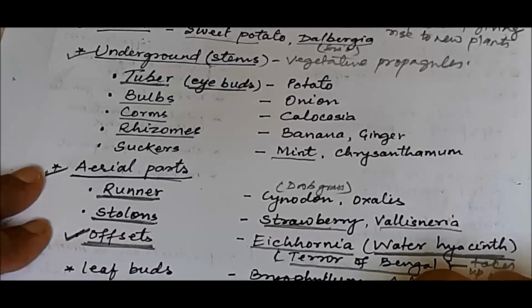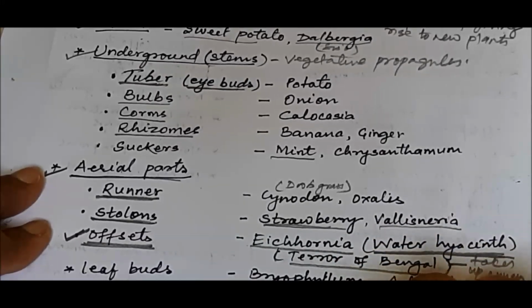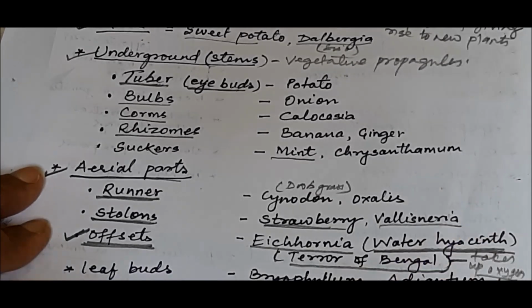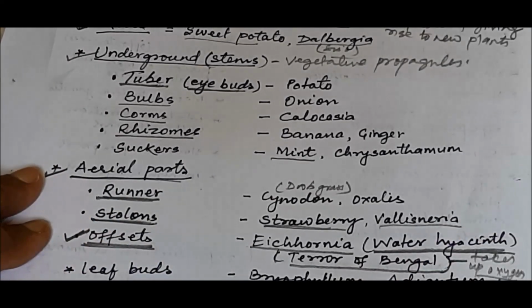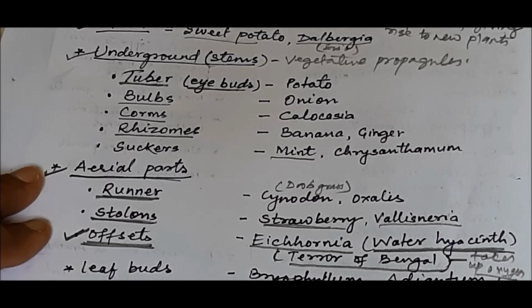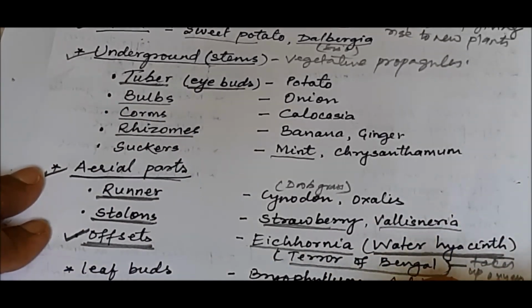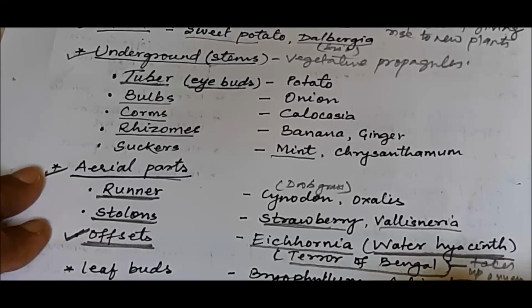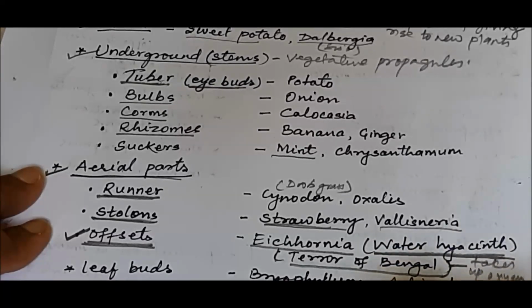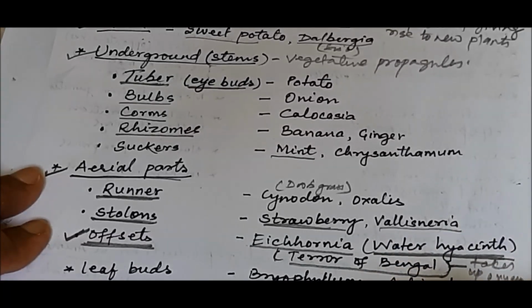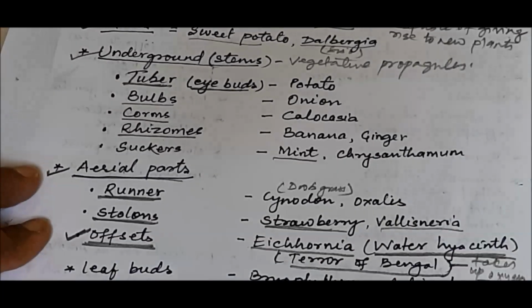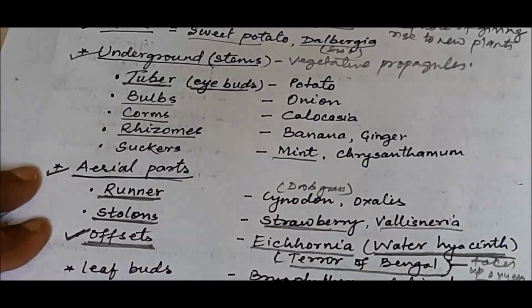If dissolved oxygen is decreased in the water, death of aquatic organisms takes place, and the whole water is covered with water hyacinth.